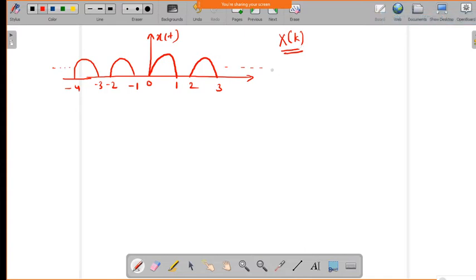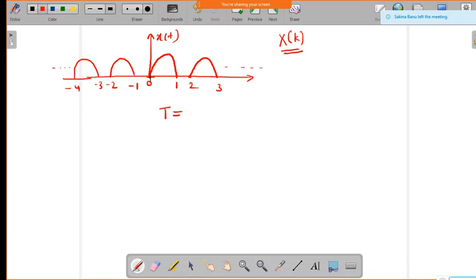So here what is the period value? The fundamental period. What is the fundamental period here? Actually it is repeating at 2, since it is not continuous, right? Yes, sir.